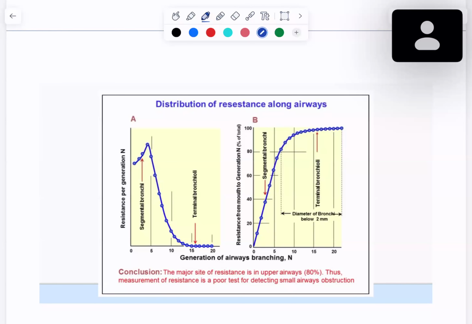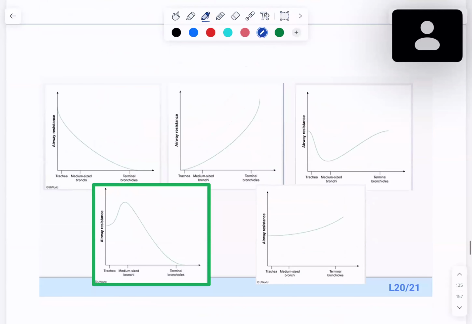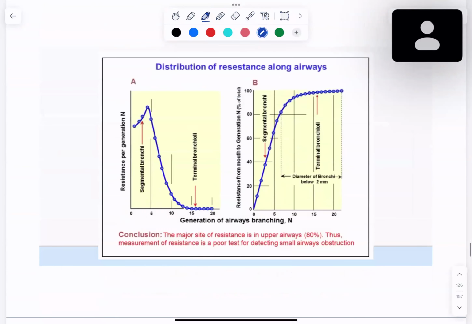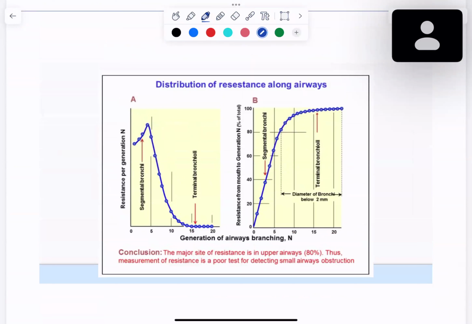The point of this question is to test you on the knowledge that the medium-sized bronchi are the ones with the highest resistance in the airway. Meanwhile, when you get to the terminal bronchi, the resistance is very low, because you have more cross-sectional area. Does that make sense?